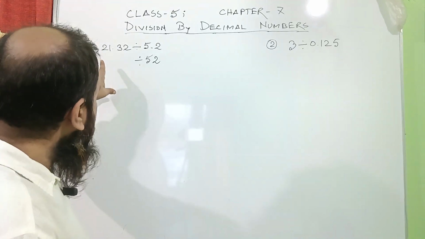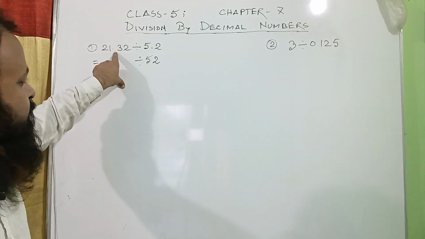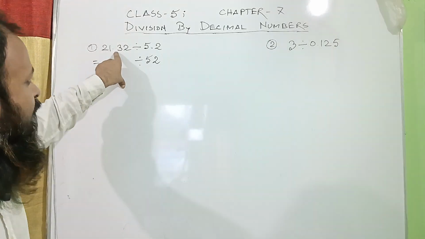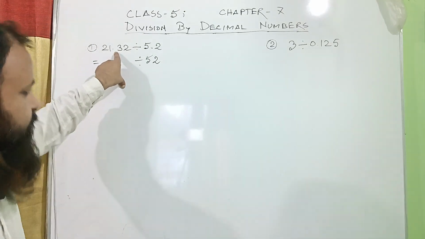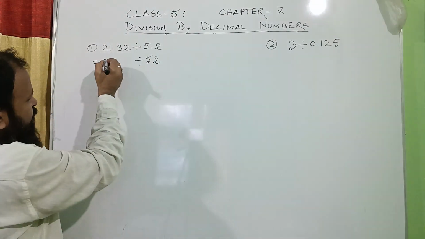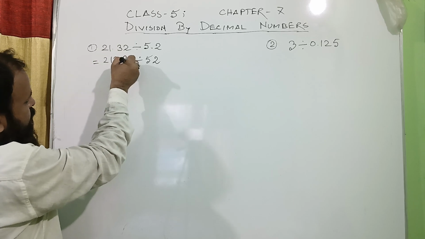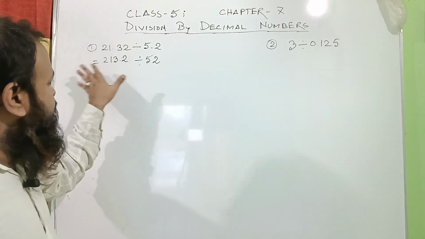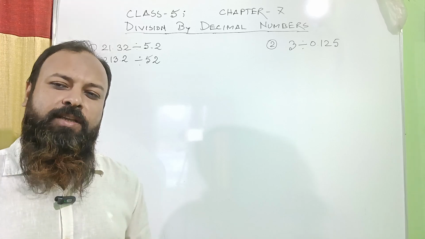So we have to bring this decimal point to the rightmost side only after a single digit, and if it is so, the dividend will become 213.2. Now this is ready for doing the calculation through the classical method.